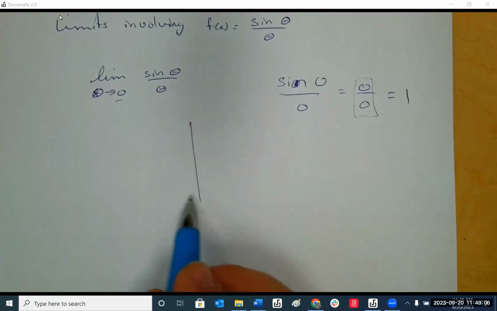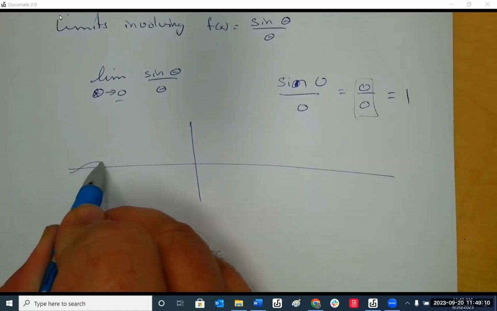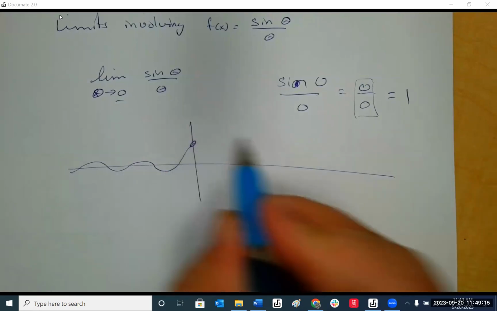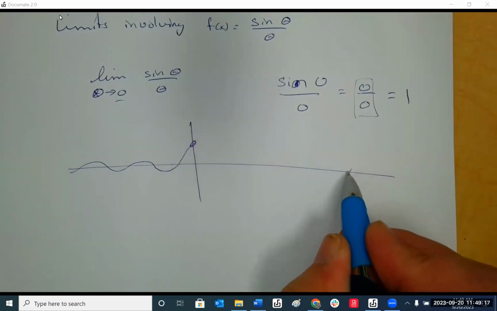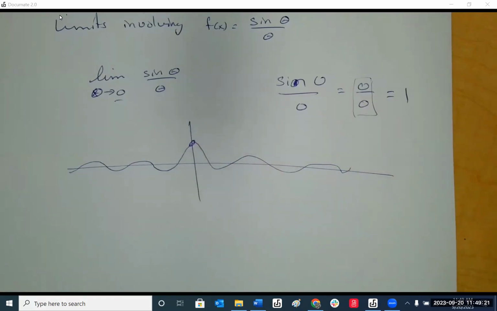The graph of this function is pretty interesting. It starts off pretty mellow on both sides. But it's undefined at the origin, at 0.